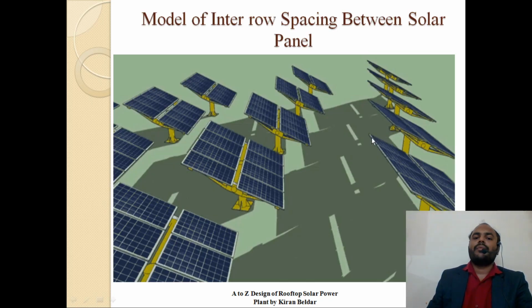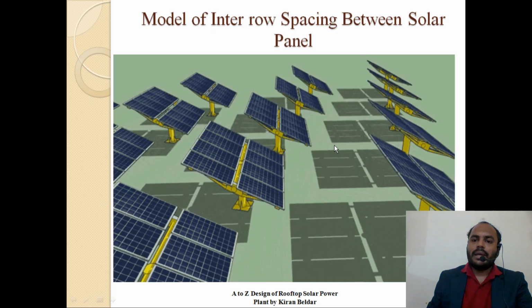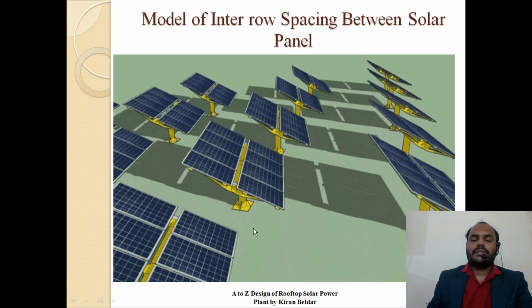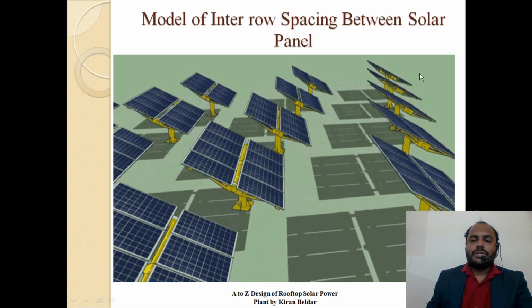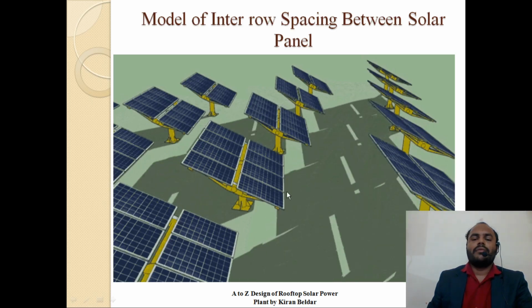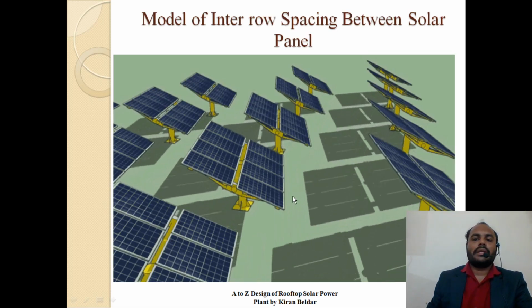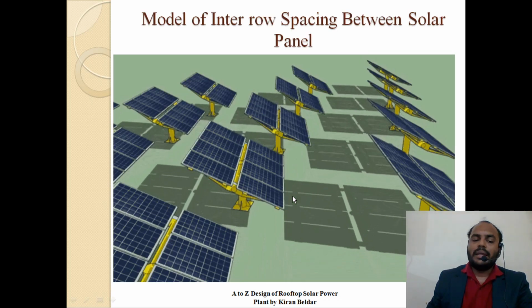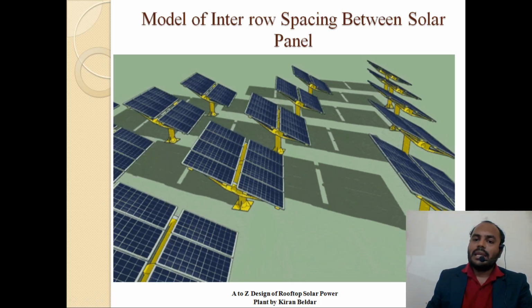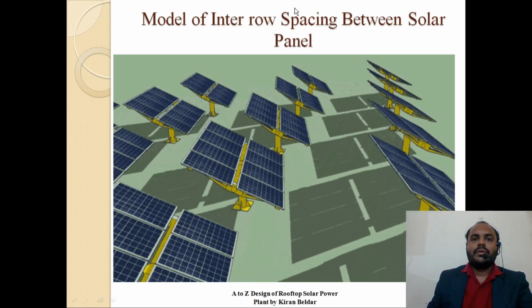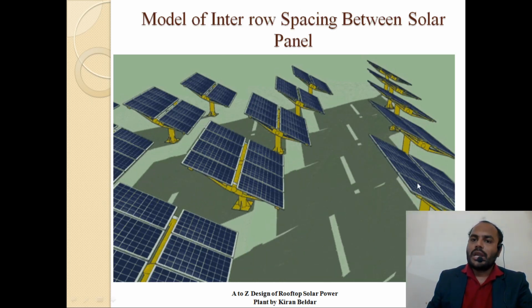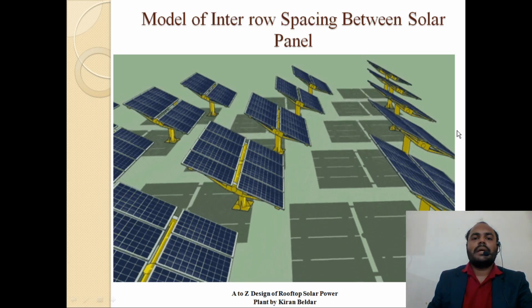So whenever we are going to mount solar panels nearby, we should focus on inter-row spacing between the solar panels, because the shadow of the first row of solar panels directly falls over the second row, and because of this a hot spot is created over the panel, there is a decrease in efficiency and less energy is generated. So this parameter of inter-row spacing is very important, considering the shadow analysis. In a later lecture we will discuss in detail what we mean by inter-row spacing.